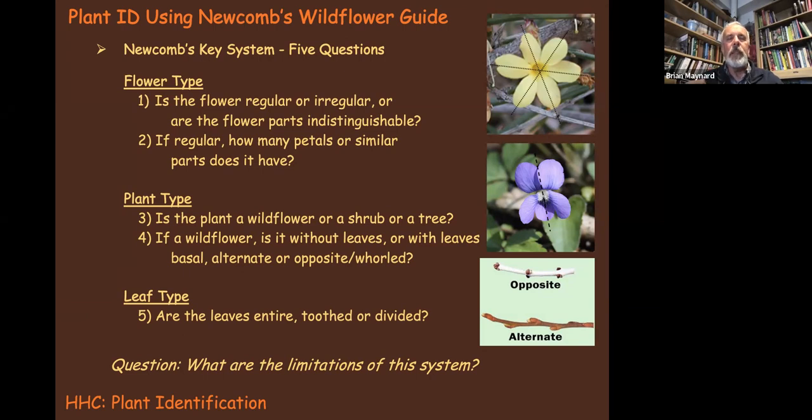For example, if you knew that it had 5 flower parts, but you didn't have the leaves to look at, you could just go through the entire 5-parted flower section from beginning to end, including plants that have no leaves, leaves that are basal, alternate, opposite, etc., just to look at all the pictures and try to match up for an identification, which you would then verify, since you're missing part of the plant.